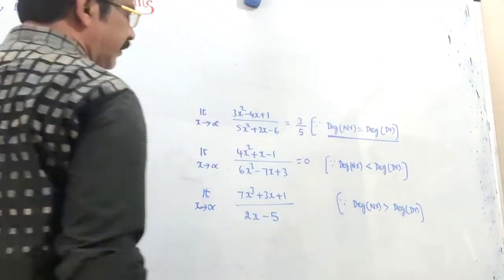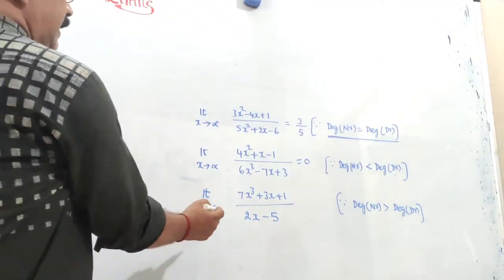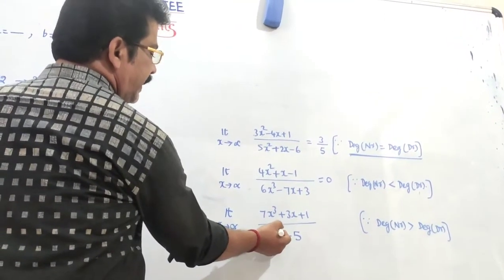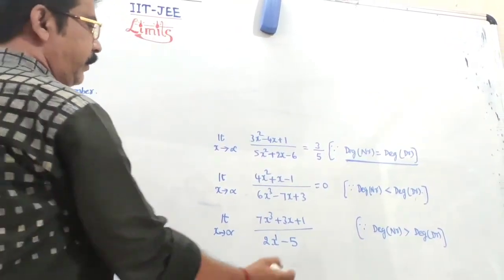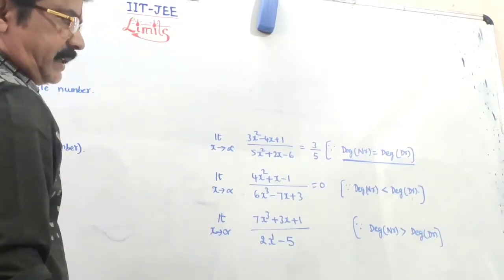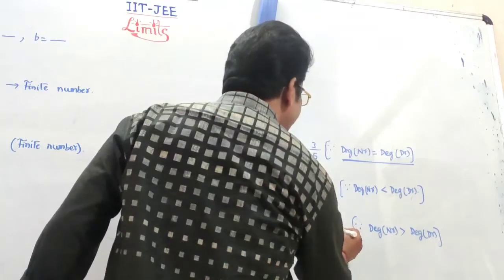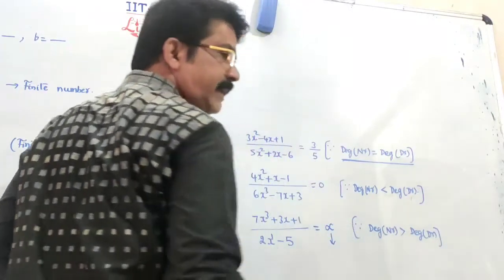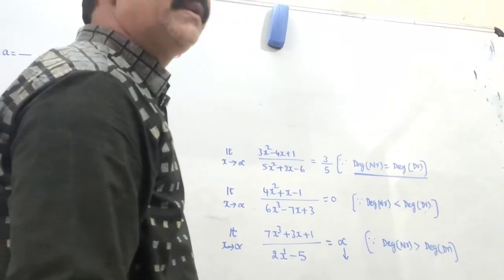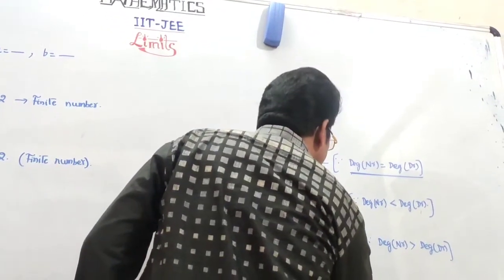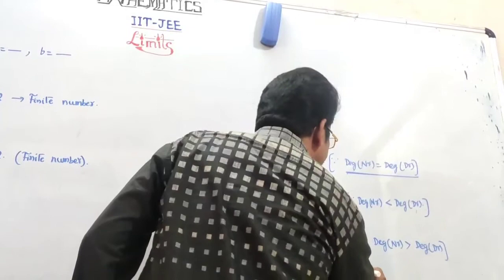We can take any constants. So this is the case. Here the degree of numerator is 3, the degree of denominator is 1. Therefore the degree of numerator is greater than the degree of denominator. In such a case it is infinity. Almost everywhere in mathematics, infinity means not defined or meaningless. So therefore it is not defined.